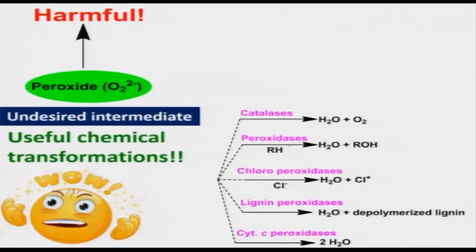And as you can see, catalase, peroxidase, chloroperoxidase, lignin peroxidase and cytochrome c peroxidases are designed, which eventually convert these peroxides to very useful products, which is otherwise impossible.